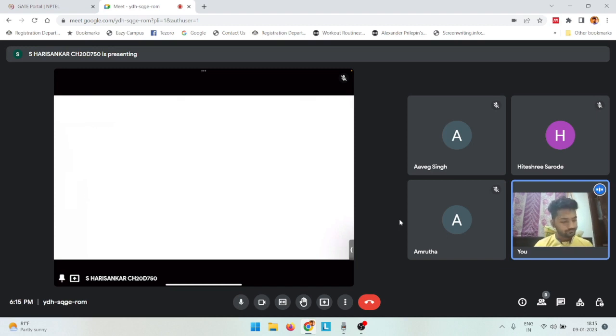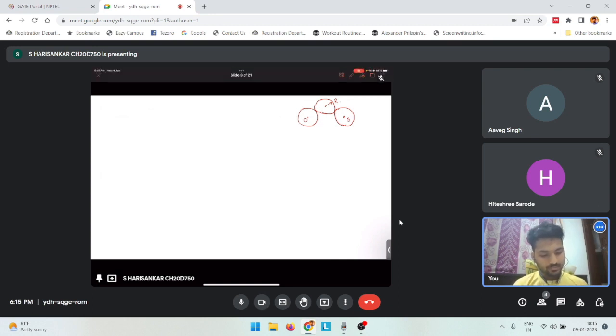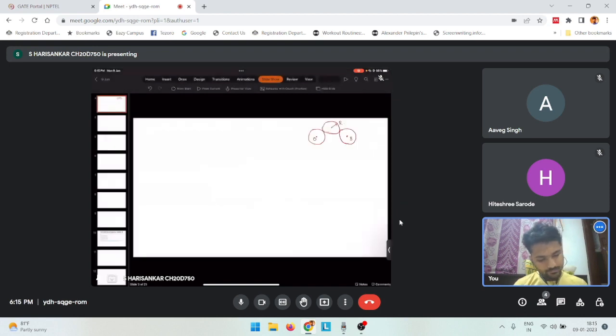As we saw earlier, let us say these are our two rolls, with centers O and B, and let us have a feed particle with equivalent radius R. Let this distance be 2D.